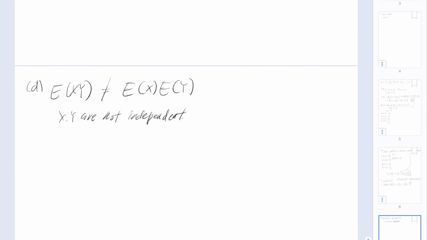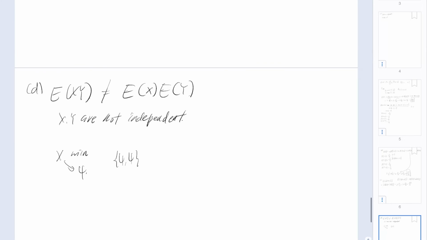If x is the minimum of 2 rolls and x itself is equal to 4, that tells us what? That tells us the outcome of these 2 trials has to be 4 and 4, because we are rolling a 4-sided die.